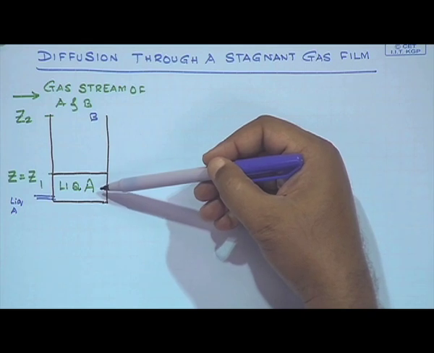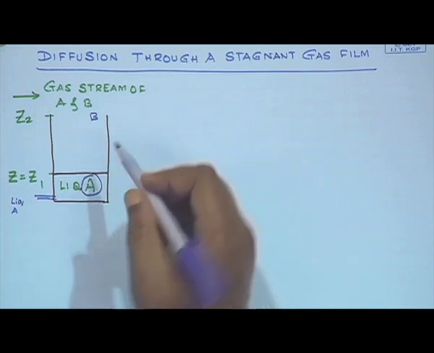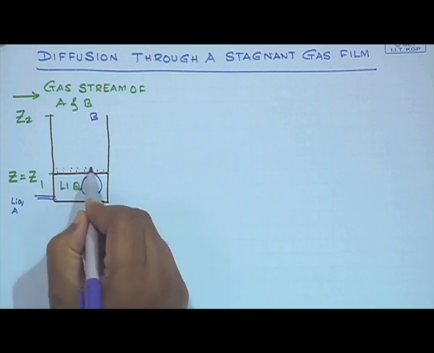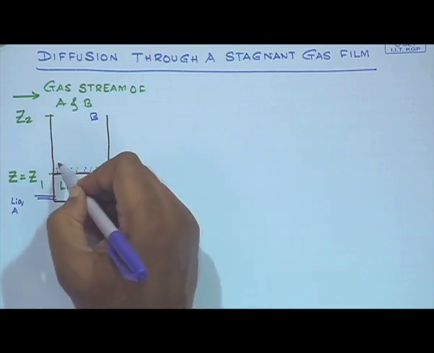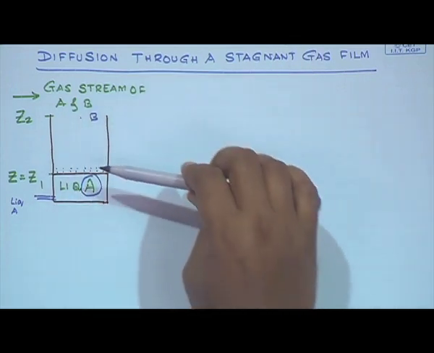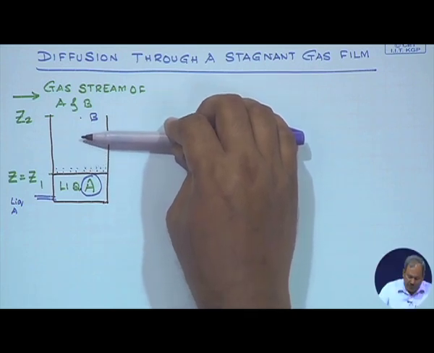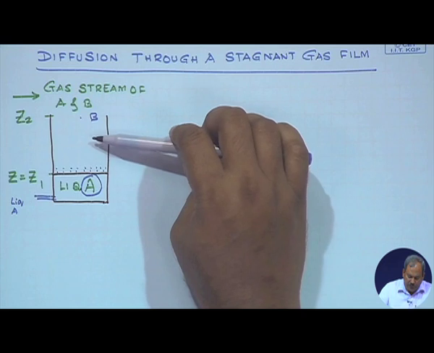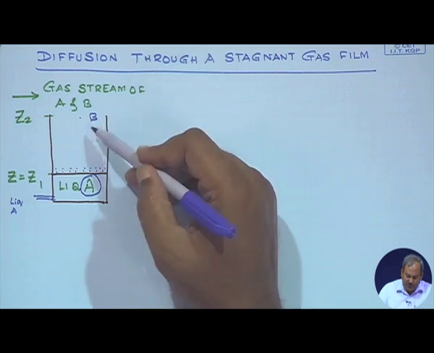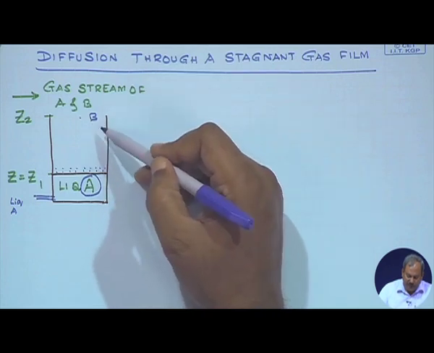Since it is a rapidly volatile component A which is present in here, the number density of A molecules generated over here is going to be too large, and as we move towards the top, the number density will decrease, the concentration of A will decrease and come to a constant concentration at the mouth of the tube. So, these upward moving molecules of A will try to push the B molecules out of the tube, imposing a concentration gradient of B in the process.